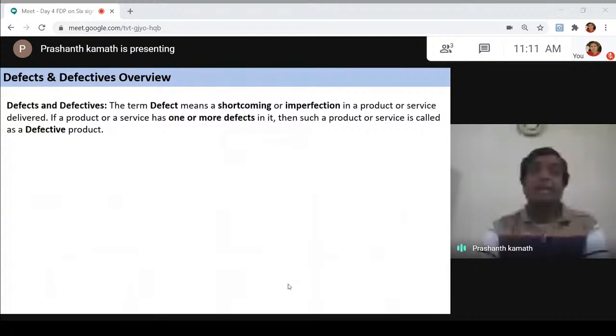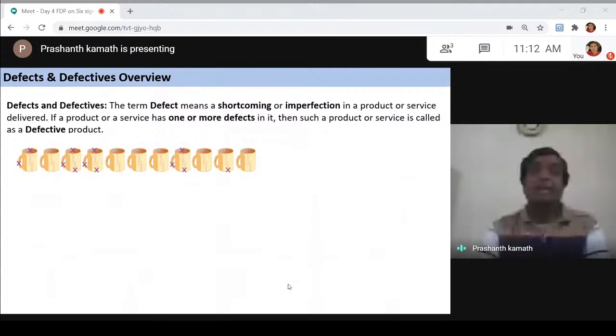Let's look at an example here and try to understand what a defect is and how it is different from a defective product or service. We have about 11 coffee cups that we use almost on a daily basis, right, to drink tea, coffee, etc. Do you see some cross marks in purple color? What is it indicating?